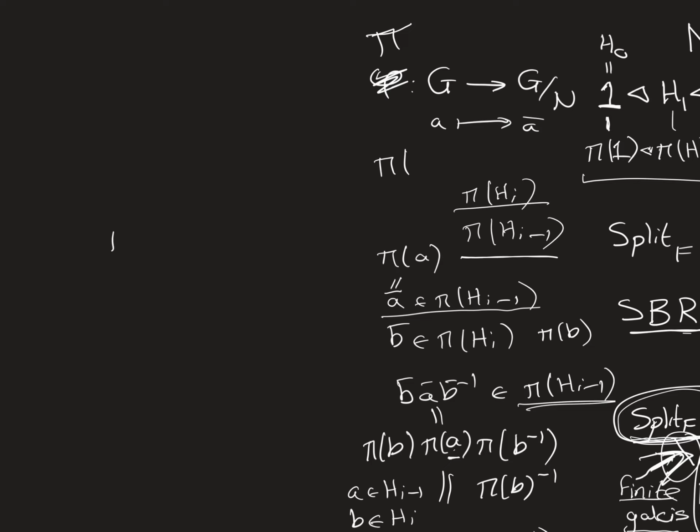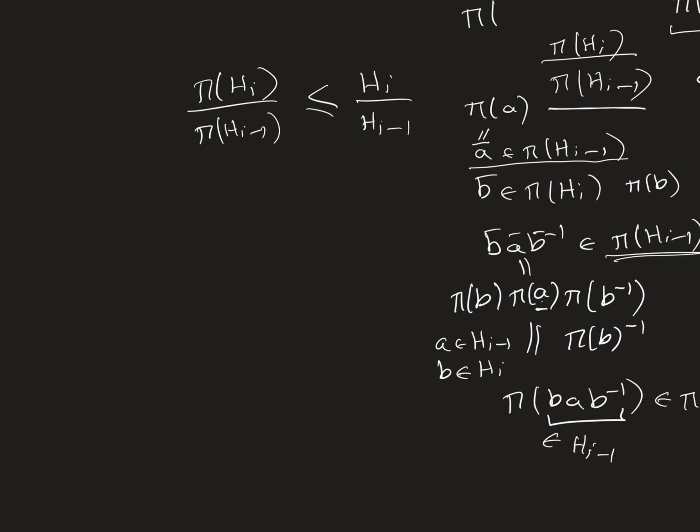So pi of Hi quotiented out by pi of Hi minus 1 is going to be not some normal subgroup necessarily, but some subgroup, which I'll denote like this, not necessarily a proper subgroup. It'll be a subgroup of Hi quotiented out by Hi minus 1. And this is abelian because the original group was, and that's then all we need. So I should give you some sort of argument as to why this is going to be true.